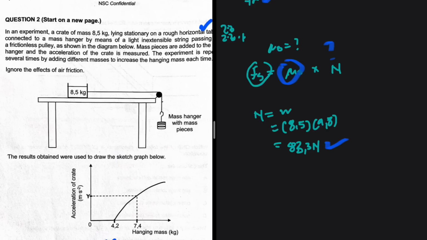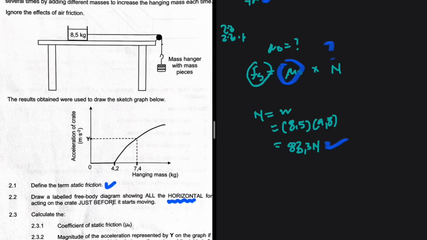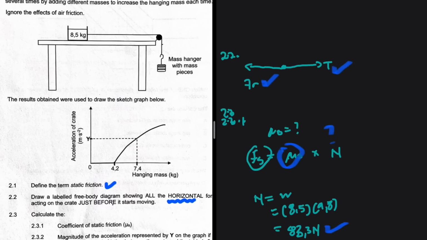Okay, let's take a look at our scenario here. In 2.2, we have a free body diagram of the crate just before it starts moving. Just before it starts moving, the static frictional force should be equal to the tension, right? But how can we calculate the tension?